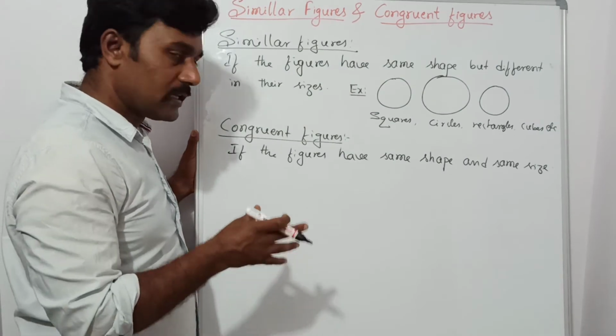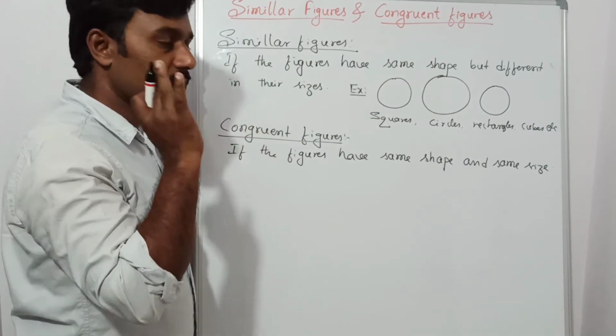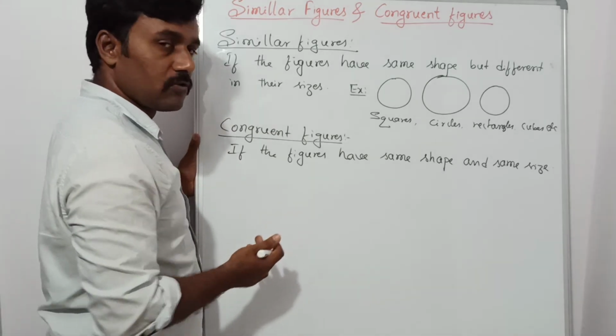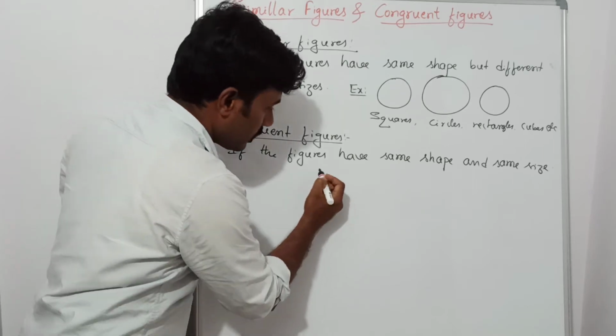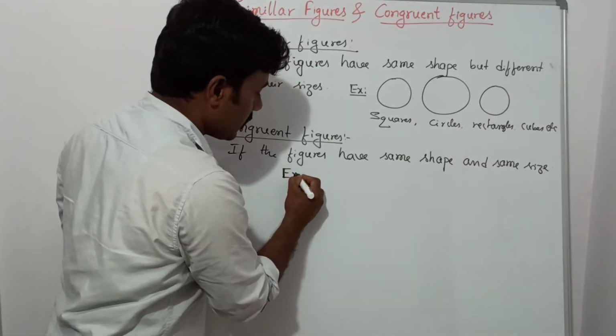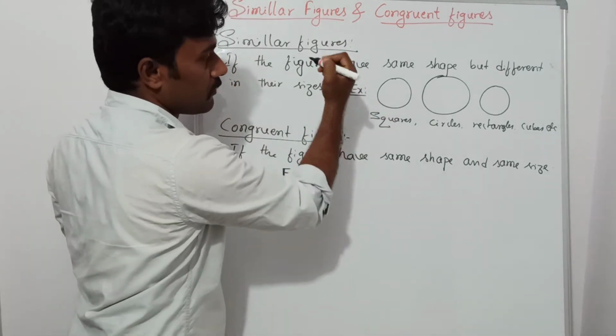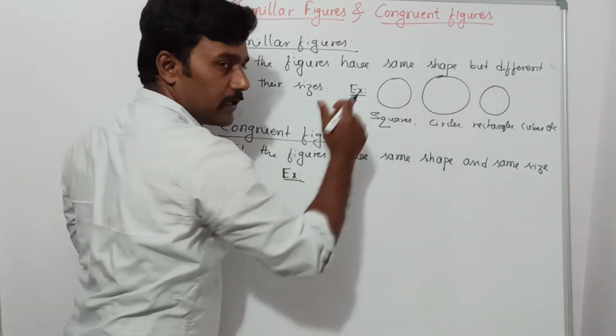Congruent is nothing but exactly the same, exactly equal. Example, you can give circles with the same radius. You can draw many circles with the same radii. Here for similar figures we drew many circles with different radii.